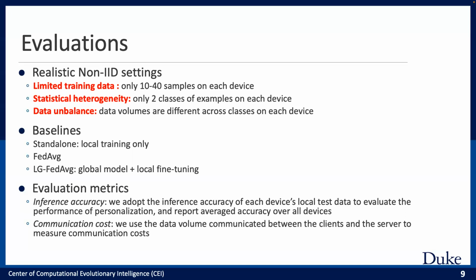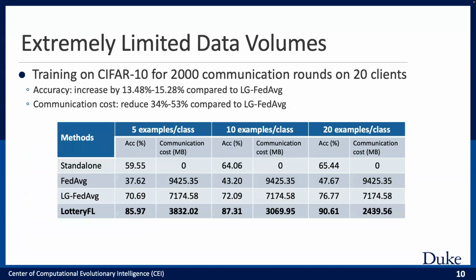Those are the 2 metrics we care about, and we're trying to balance both. The results are shown here. When training CIFAR over 2,000 communication rounds on 20 clients, the accuracy increases by 13 to 15% compared with LG federated learning, as the crossing line shows here. And that's not even counting the standalone or FedAvg.